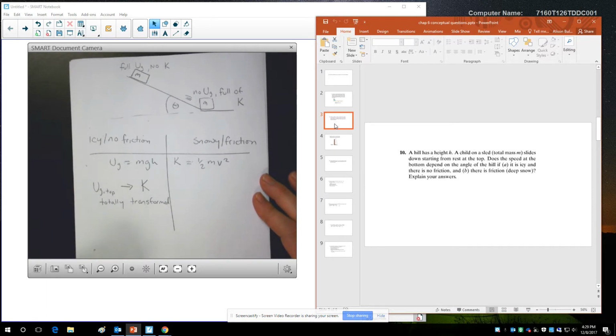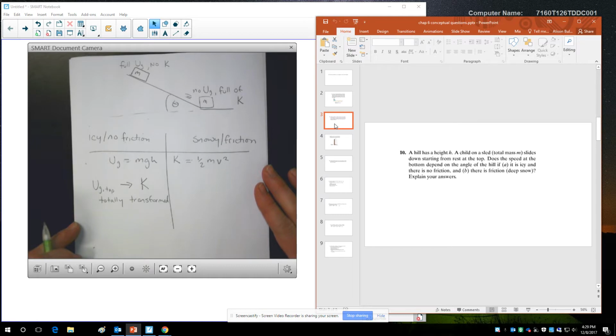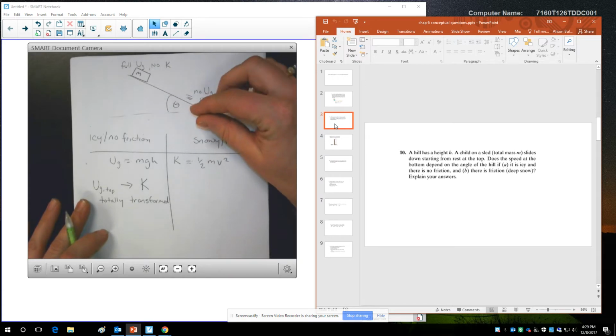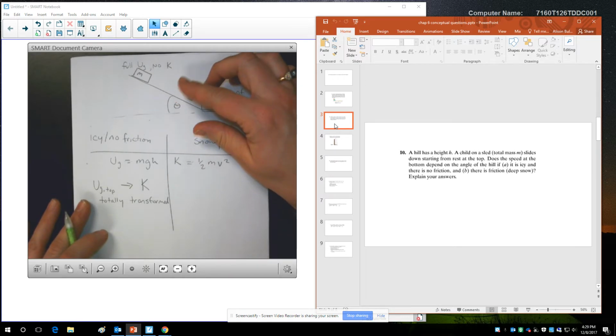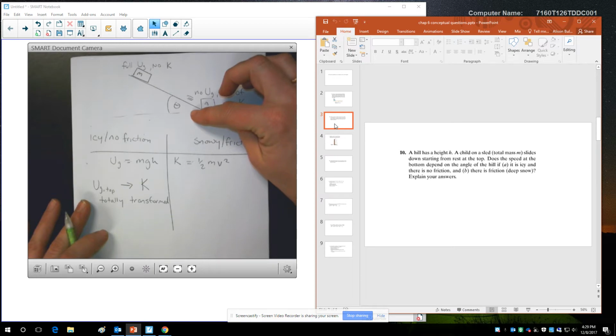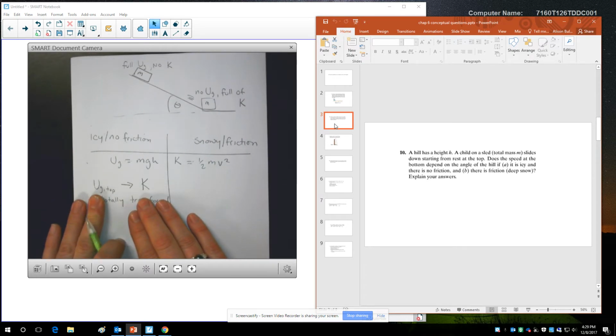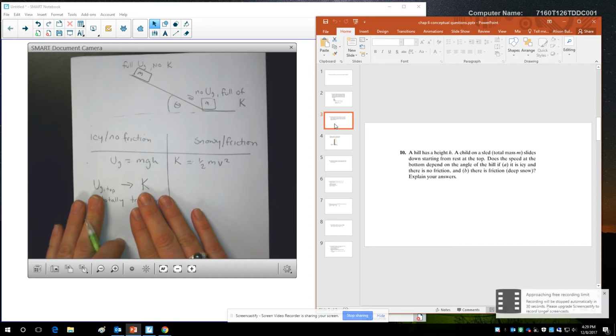So the mass times g times h, the hill height, is the only component that matters. The angle of the hill will cause the hill height to be bigger or smaller, but the angle of the hill doesn't change the fact that all of the gravitational potential energy gets transformed into kinetic energy.